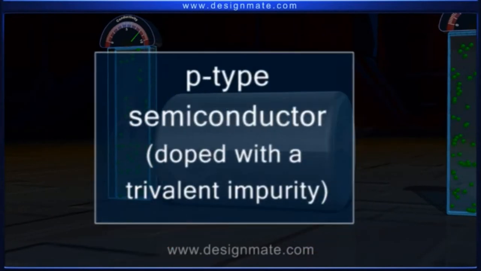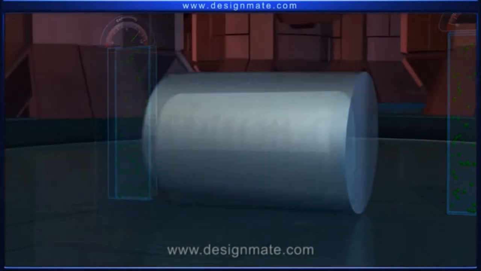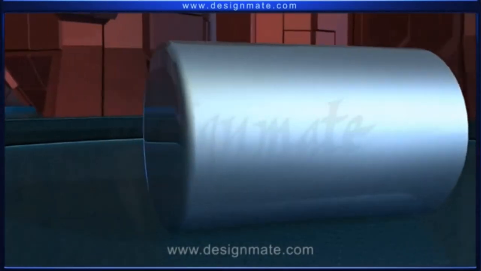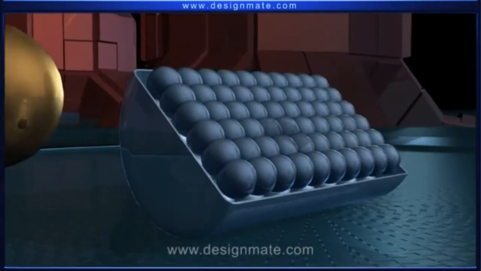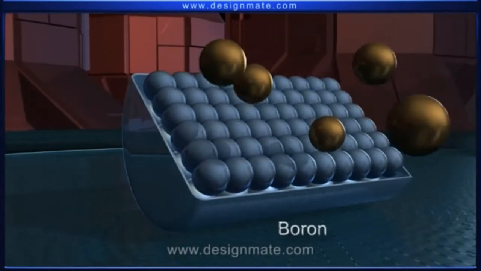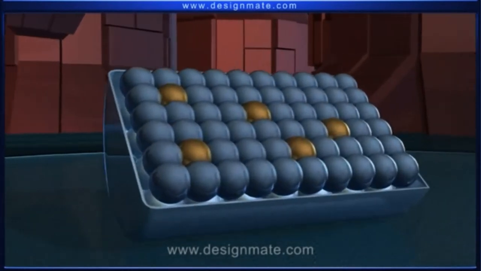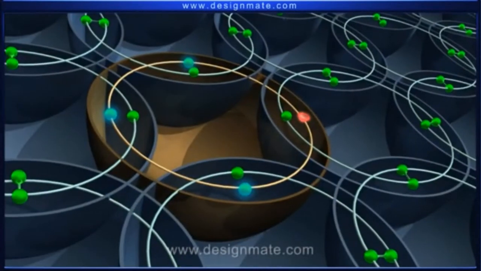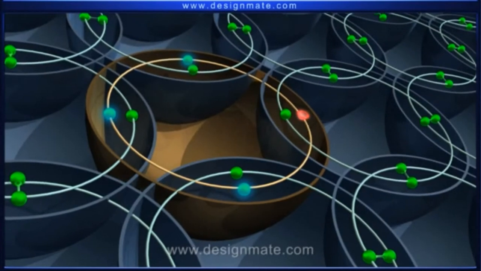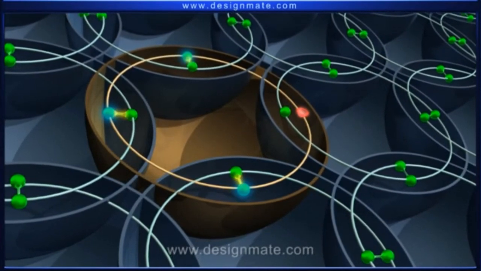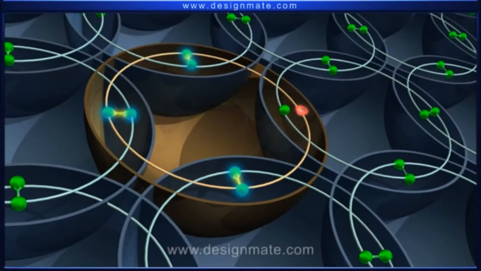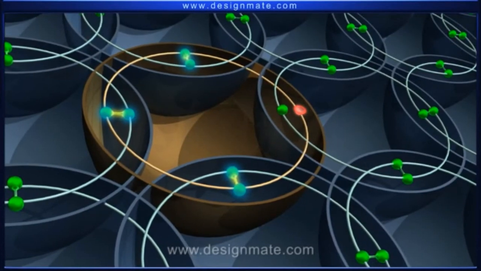P-type semiconductor. When a pure semiconductor like silicon is doped with a trivalent impurity such as boron, three valence electrons of the boron atom form covalent bonds with the electrons of the adjoining silicon atoms.